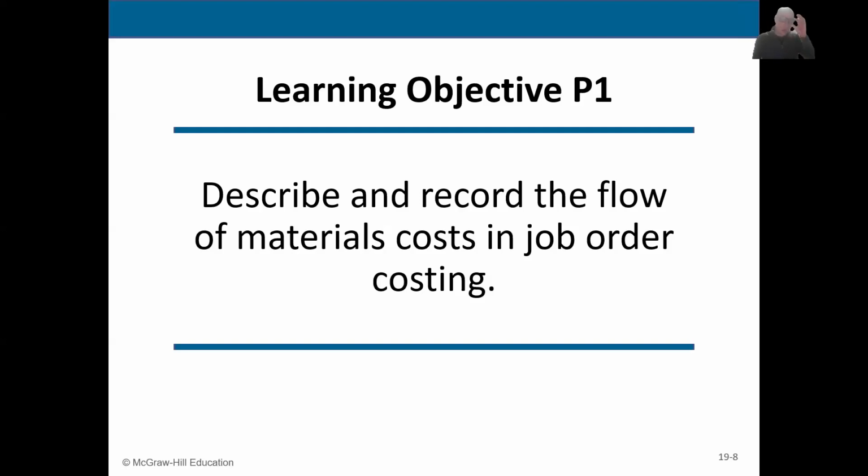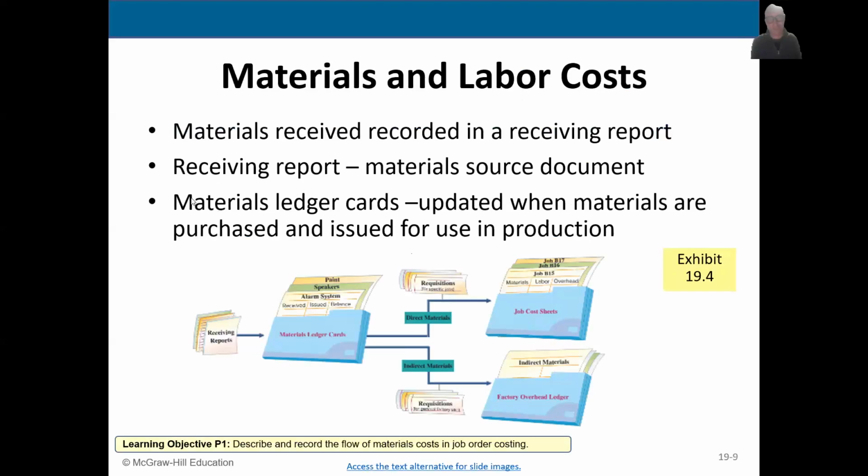It just helps us to understand our overall costs a little bit better. And as managers, it helps us to control our costs based off of these job order cost sheets. Okay, think about the physical flow. I'm going to talk about direct materials, and then I'll talk about direct labor. Starting with materials.